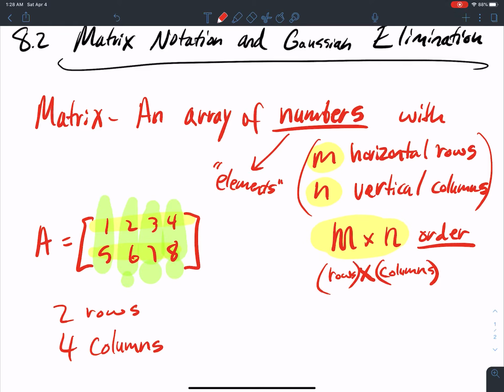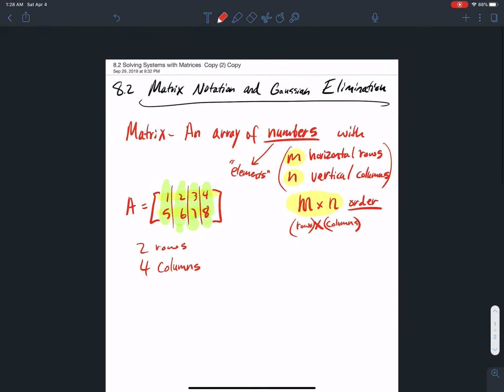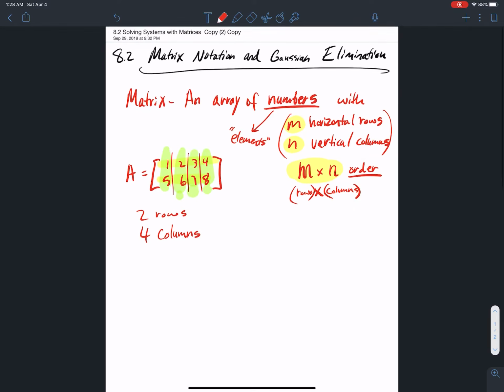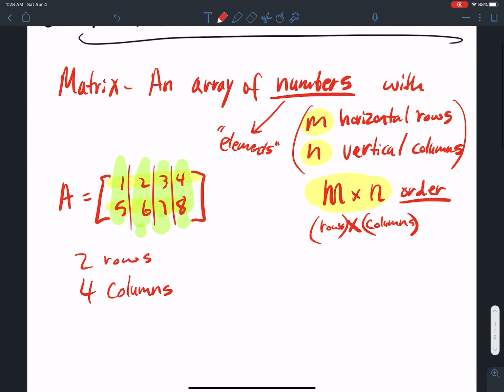When I think of columns, I think of a building. Maybe you've got some columns holding up the porch or whatever.